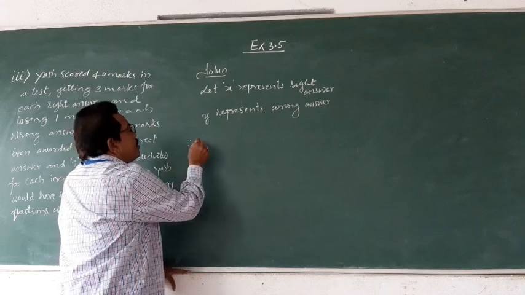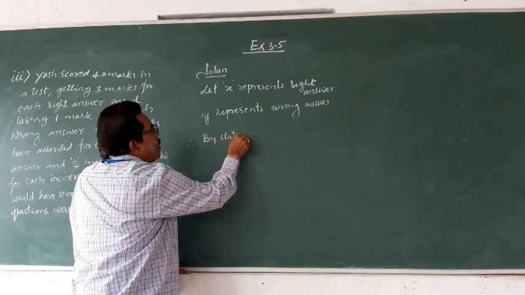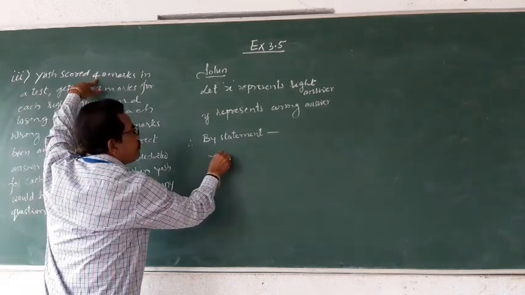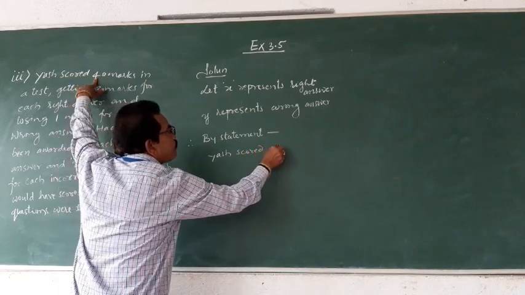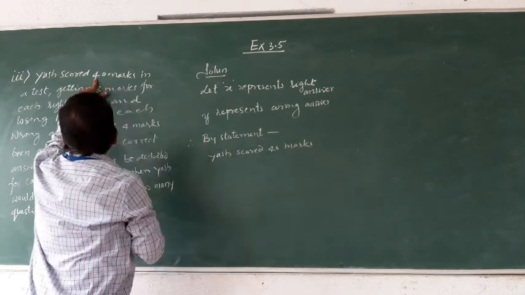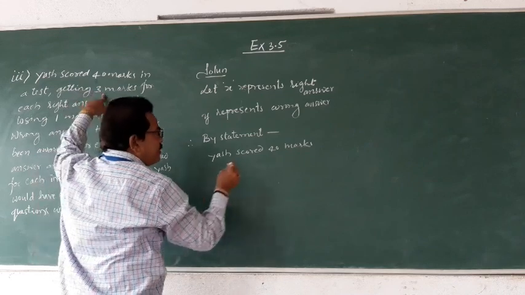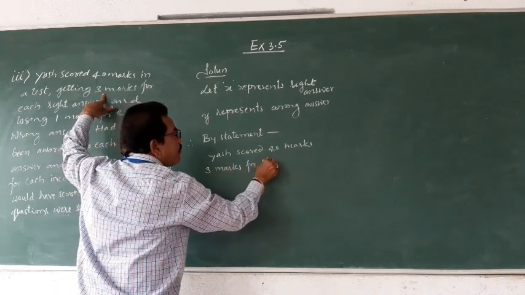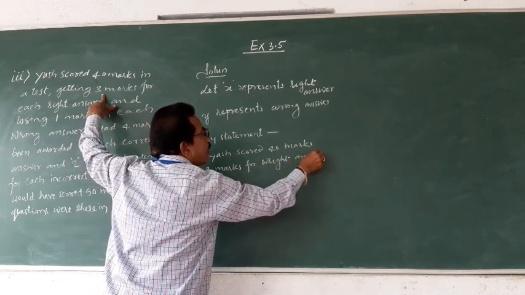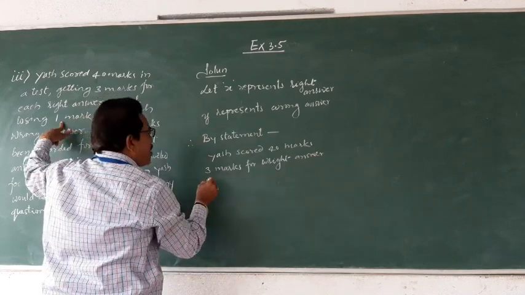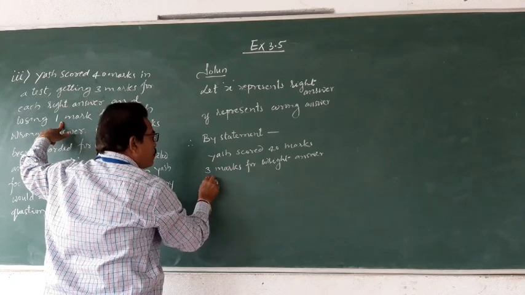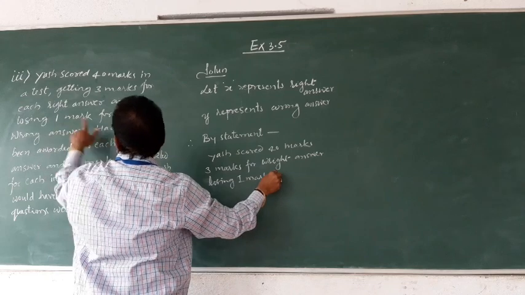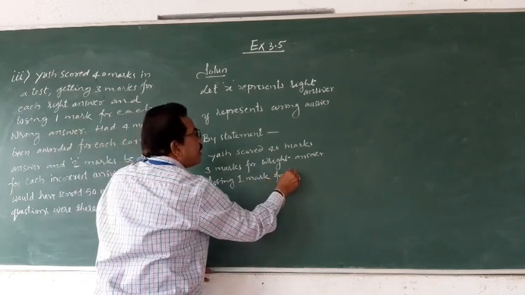Therefore, by the statement, Yash scored 40 marks in a test, and 3 marks for each right answer, and losing 1 mark for incorrect or wrong answer.